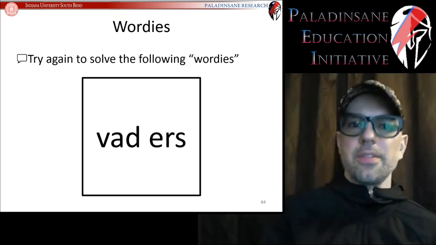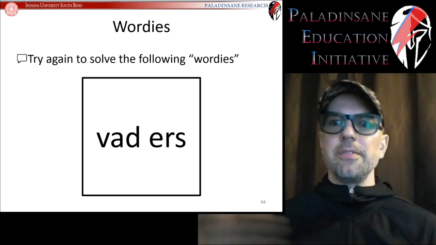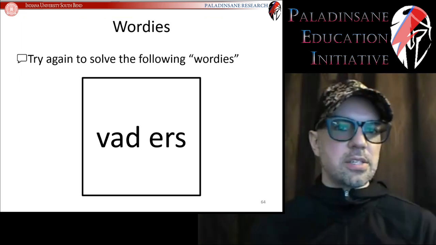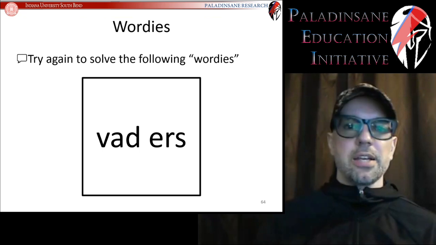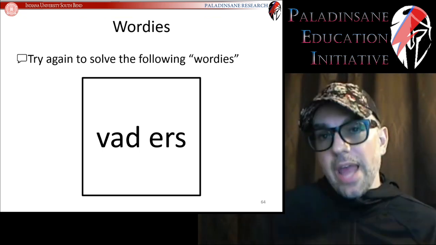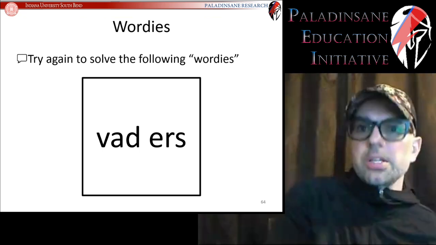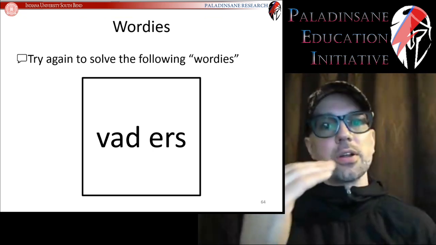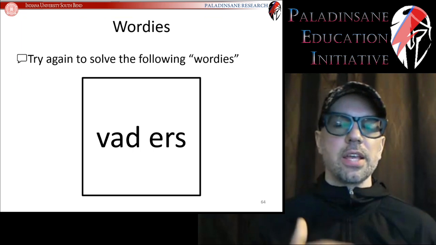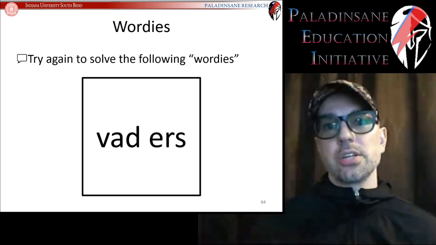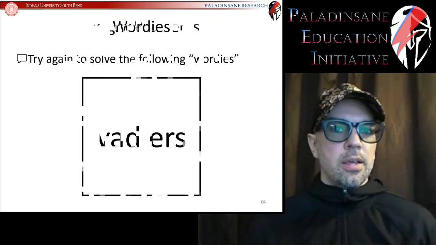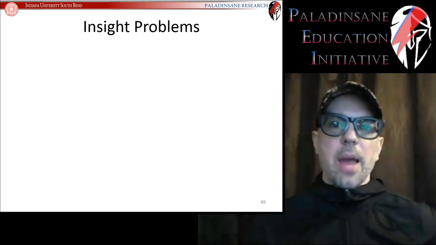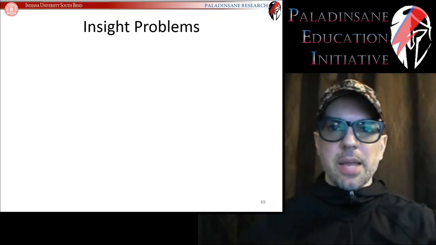The word is Vaders. This is space invaders. So the phrase is space invaders. And once again, if you were able to solve it now, but you weren't able to solve it when you first saw it, that break in between, where we were talking about other issues with problem solving, that is the incubation effect.